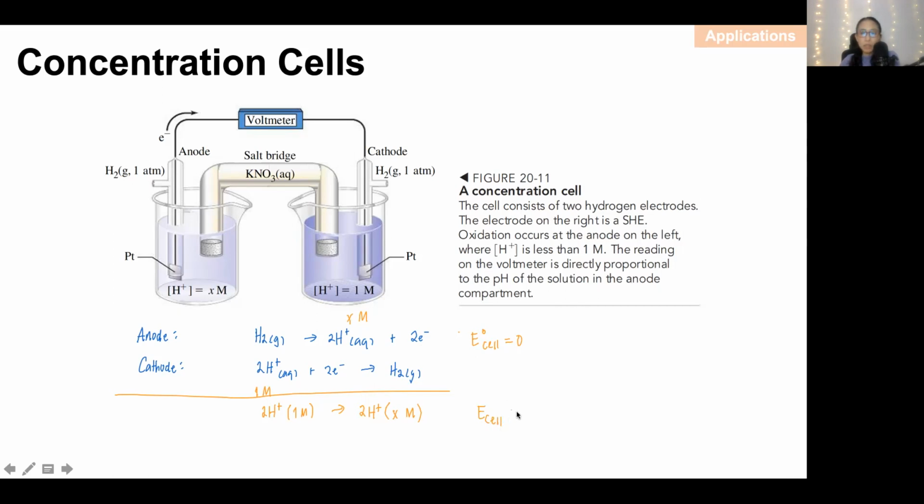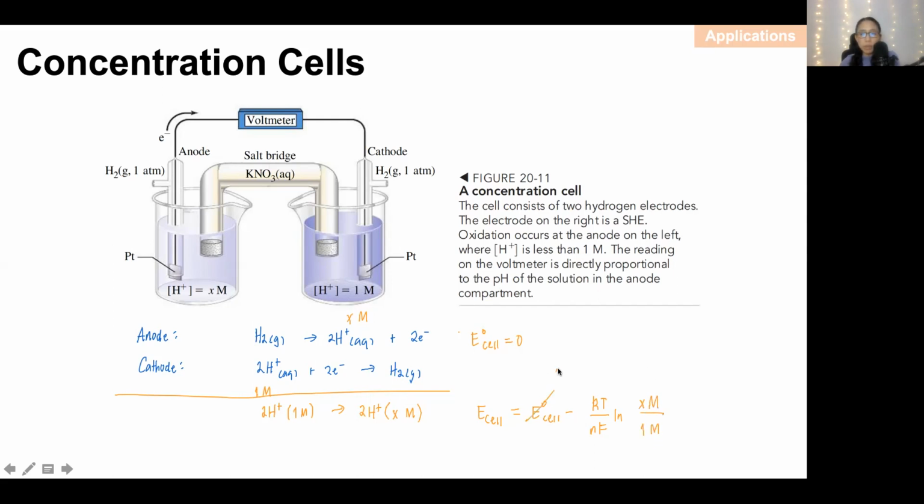Right? So using your Nernst equation, you have here E cell equals E naught cell minus RT over nF times Ln. So if we look at the balanced reaction, you have x molar in the numerator and 1 molar in the denominator.